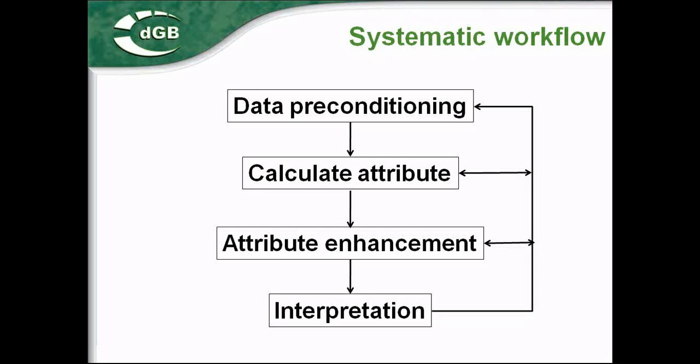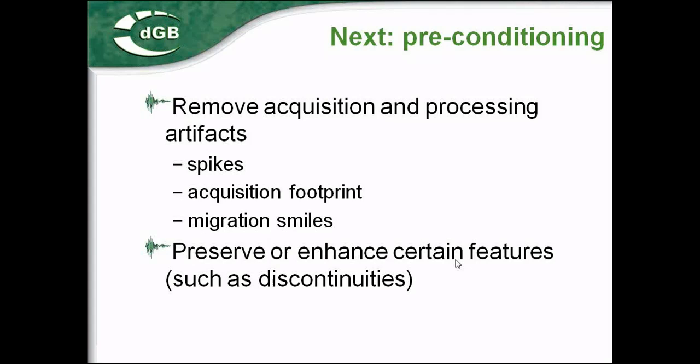So here we go through that workflow I'm promoting, and just as a little reminder, first we're going to talk about data preconditioning, then how to calculate the attribute, and then the attribute enhancement, and then a small example for interpretation. So why do you do preconditioning?